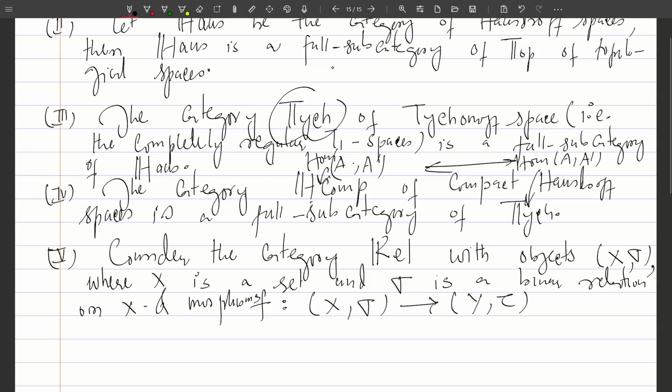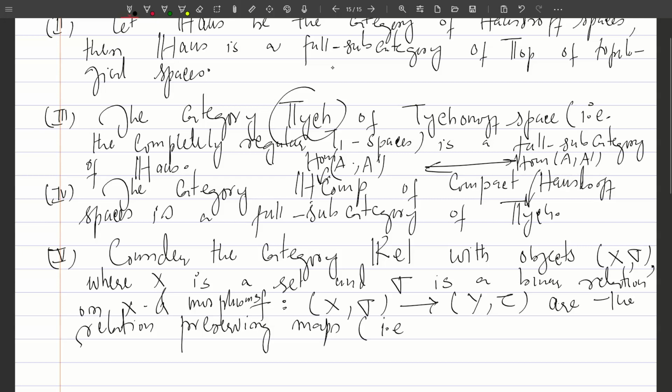So the morphisms f from these two sets are the relation preserving maps. Now what do we mean by relation preserving maps?